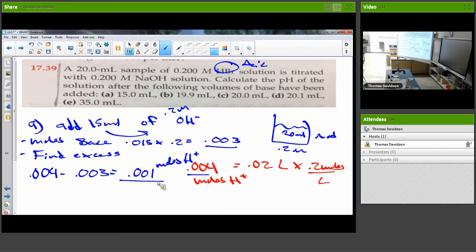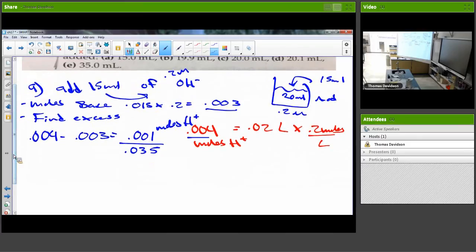All right, divide by 0.035. Does anyone know where Smithers got that? Liters. All right, it's the 20 milliliters plus the 15 milliliters we put in. So 0.035, is that what you said? Yeah. And that gives you a number, 0.028.